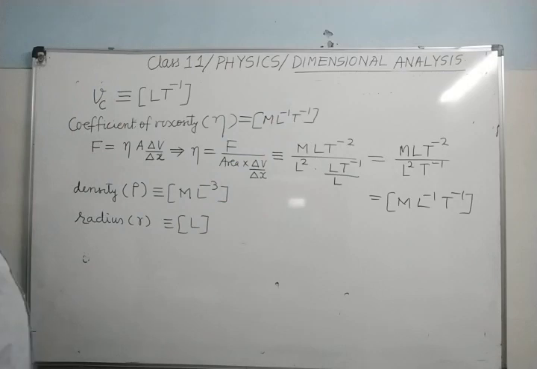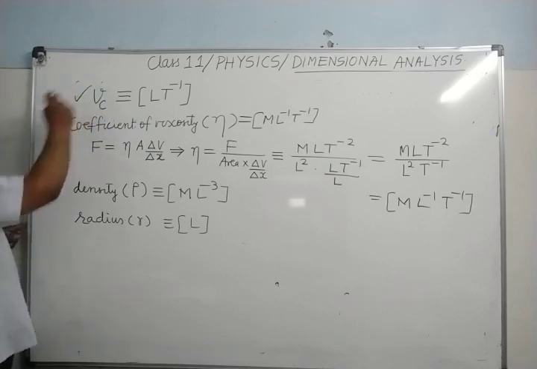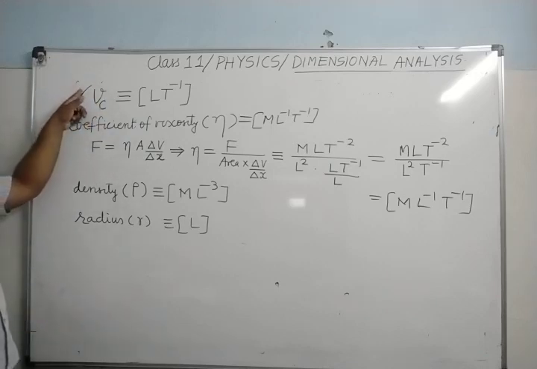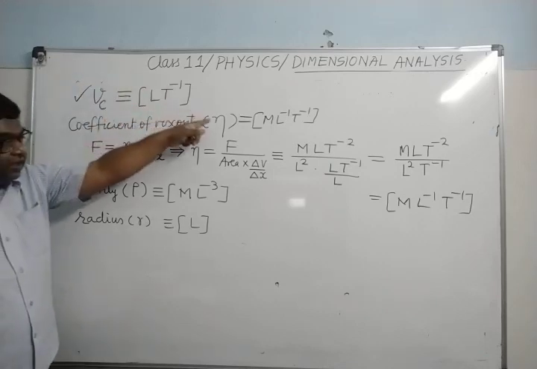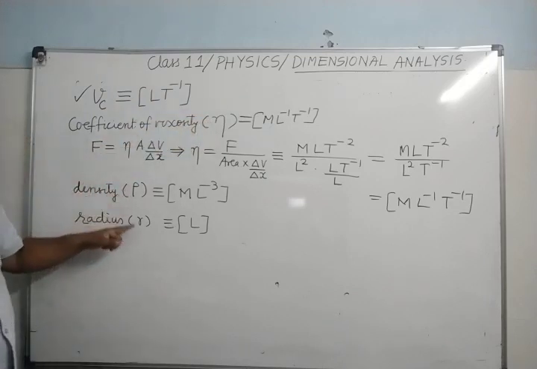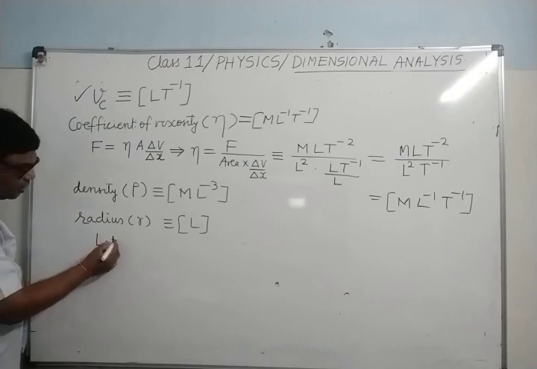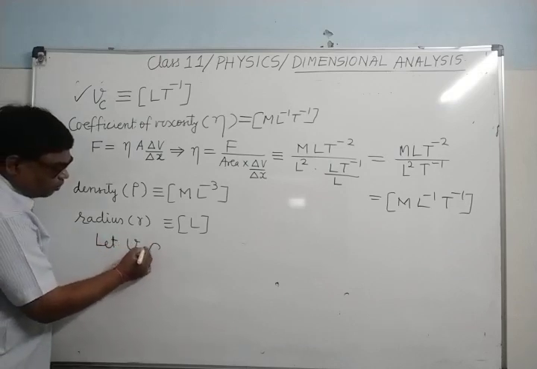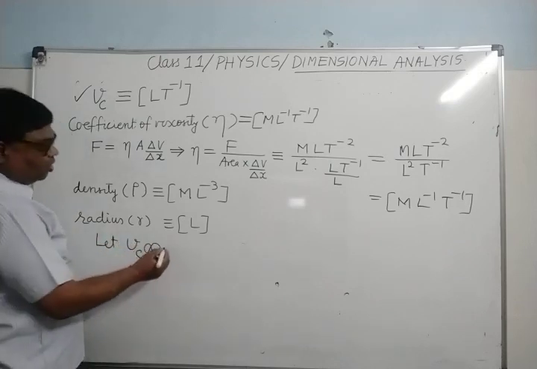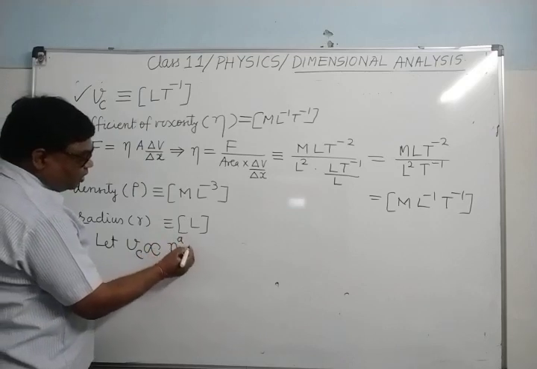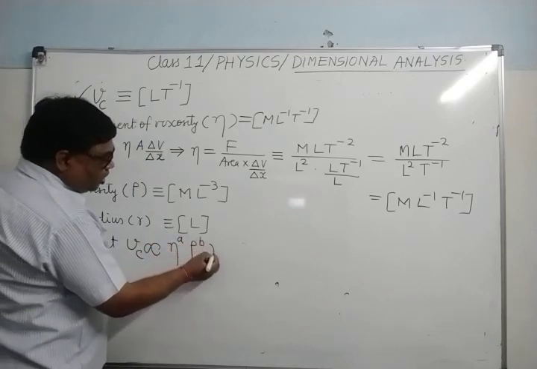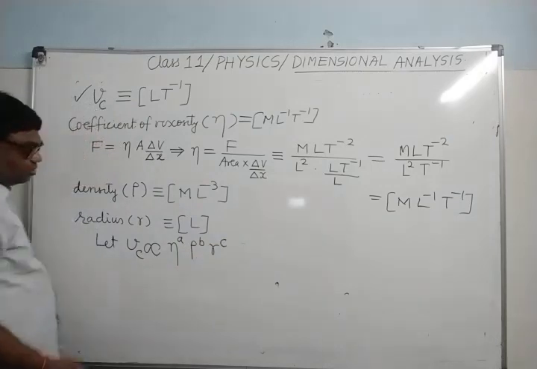Now you have to derive the formula of critical velocity. So in the same way, its formula you have to derive, and it is given in the question. It depends upon eta, it depends upon rho, it depends upon r. So you write down, let Vc be proportional to eta to the power a, rho to the power b, r to the power c.